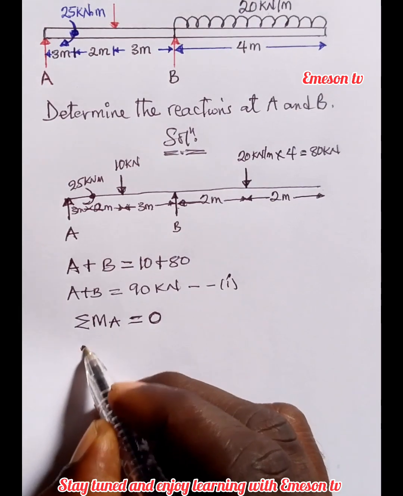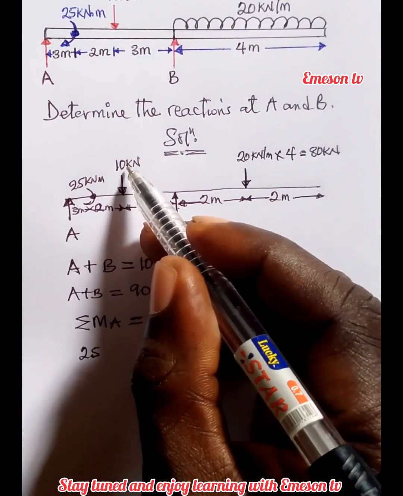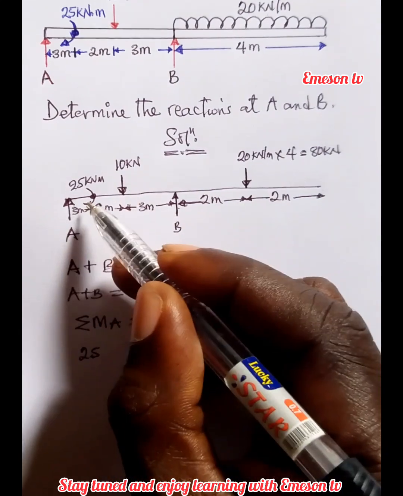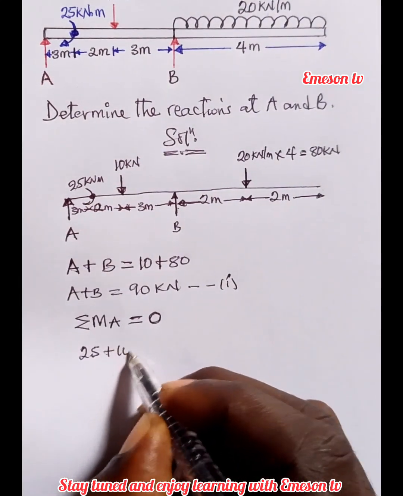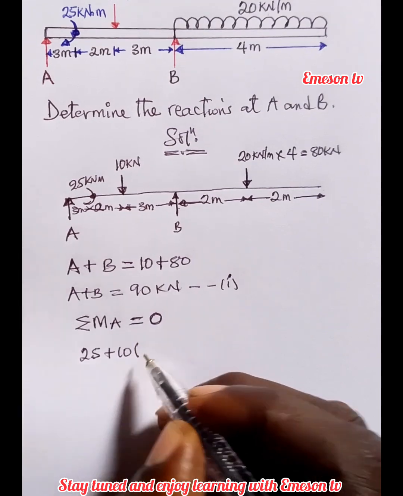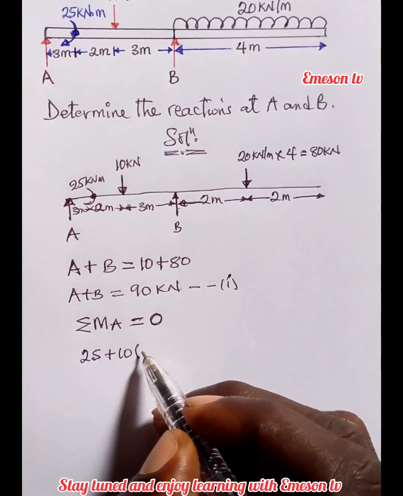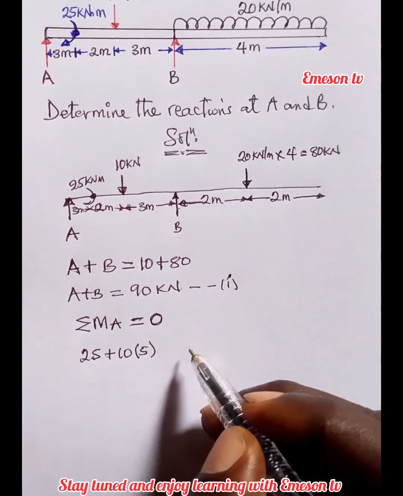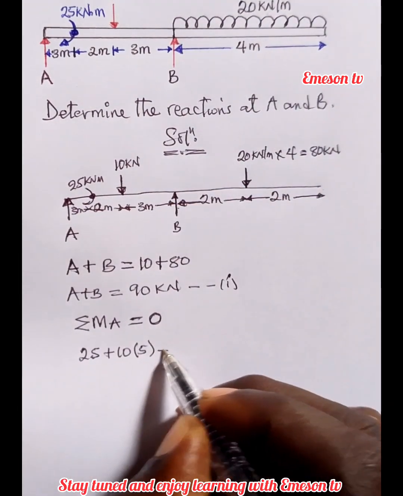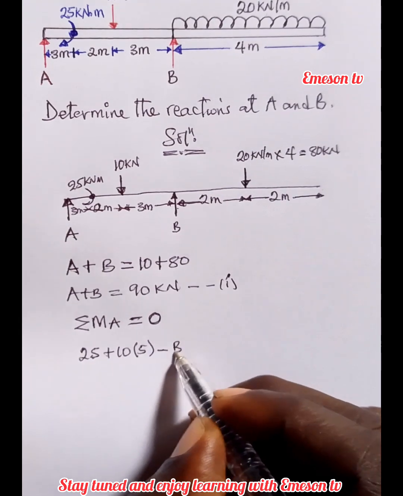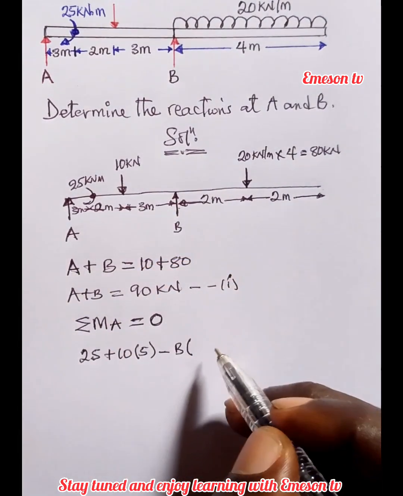So I'll have 25. We'll go to the next force. 10 acting downward is acting clockwise. So I'll say plus 10 multiplied by the distance from my reference point, 2 and 3, which is 5. Then here is negative, anticlockwise, B multiplied by the distance from my reference point, which is 8.